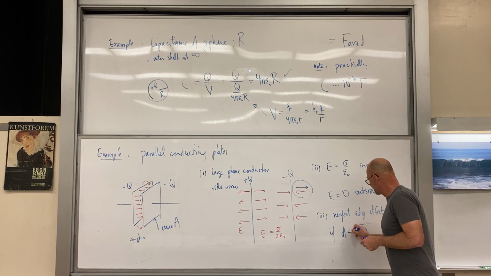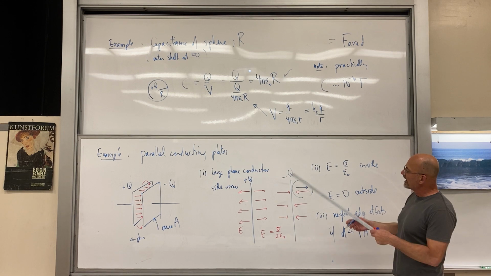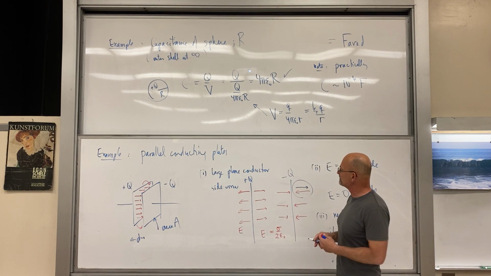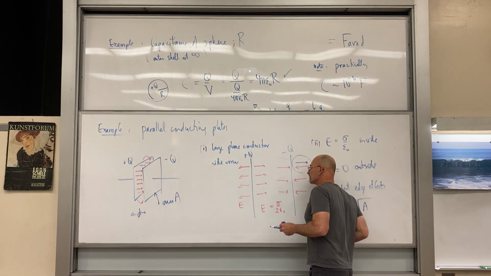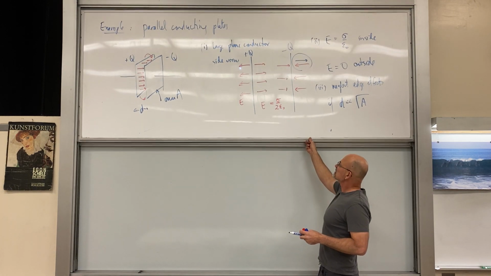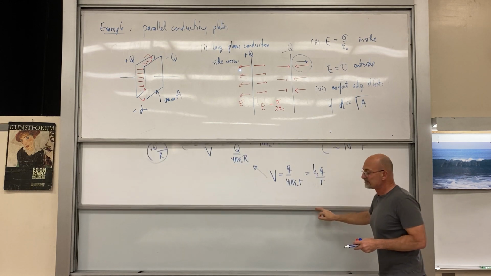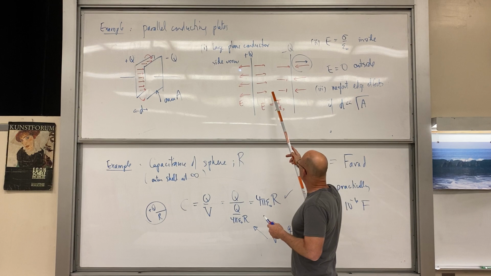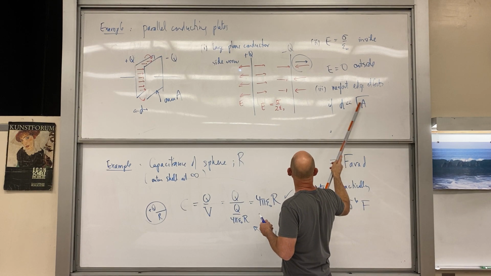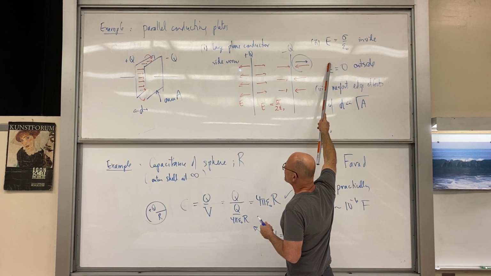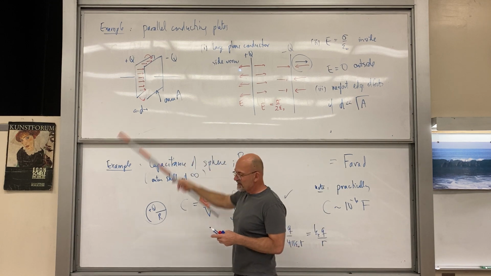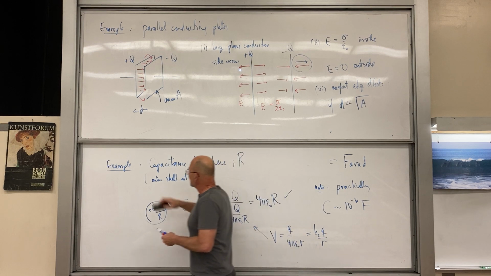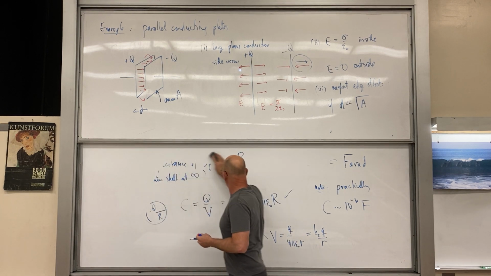Much less. Okay, so now we have that, we can come back to the capacitance of this thing. This is the justification for that picture, when we added them. Okay, let's get the capacitance of this thing.